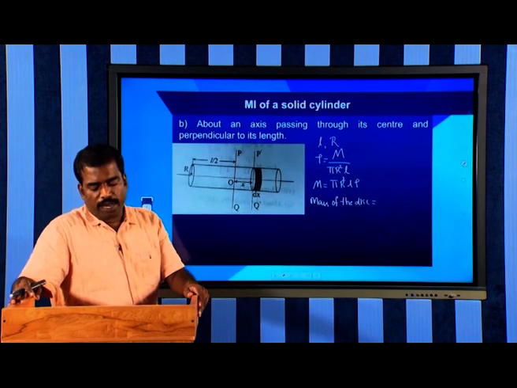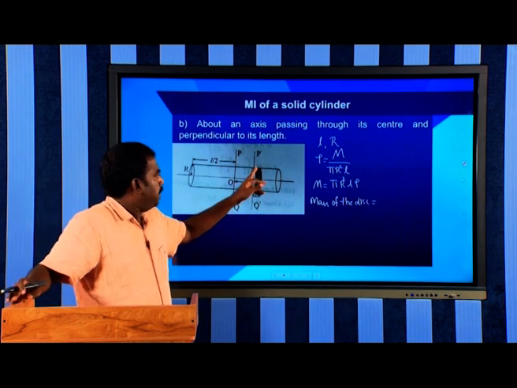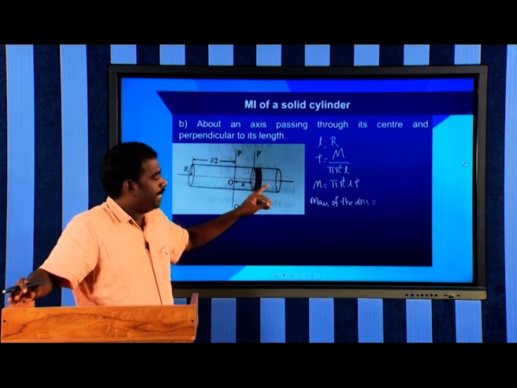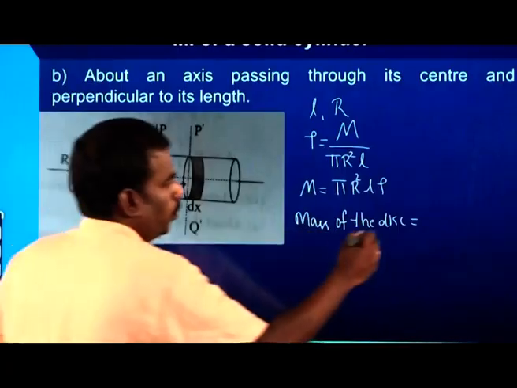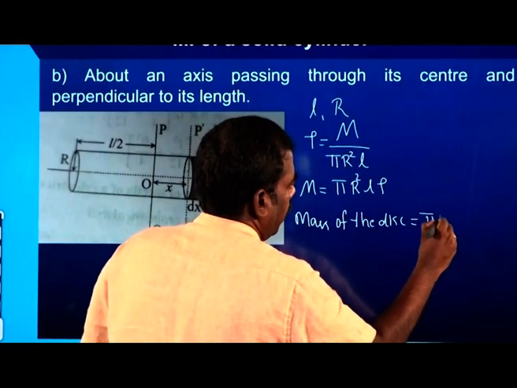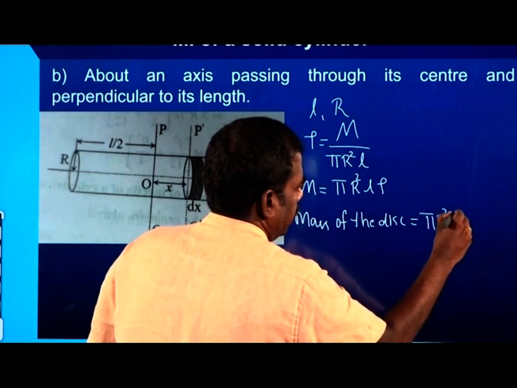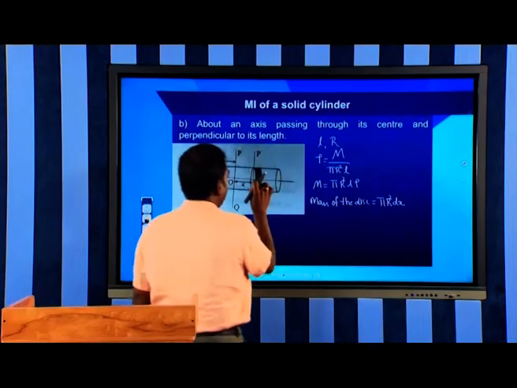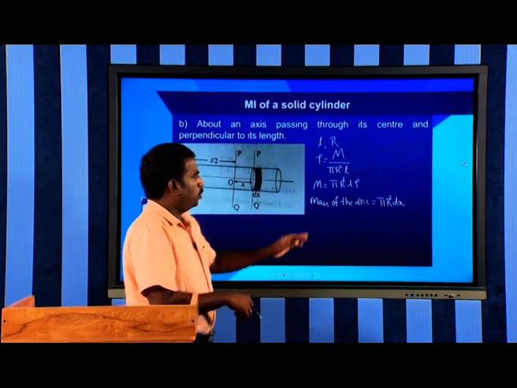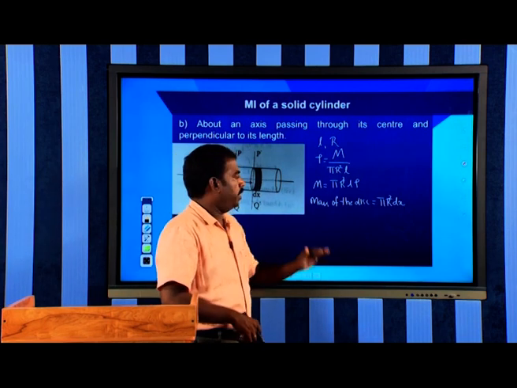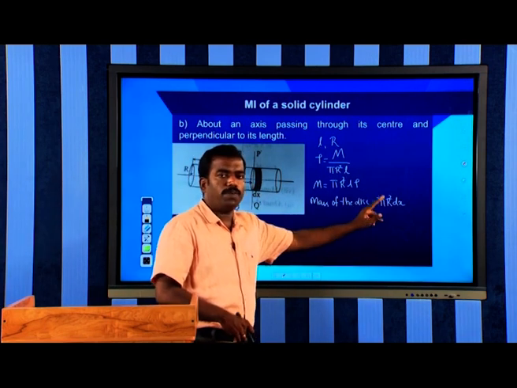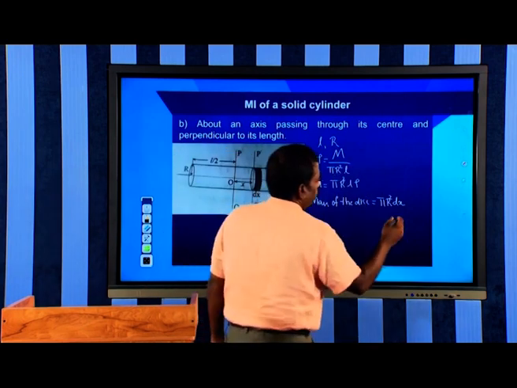First we need the volume of the disc. It is pi r square, which is the area, into the thickness, so the volume is pi r square dx. To find the mass of the disc, we multiply the volume of the disc by the mass per unit volume, rho.